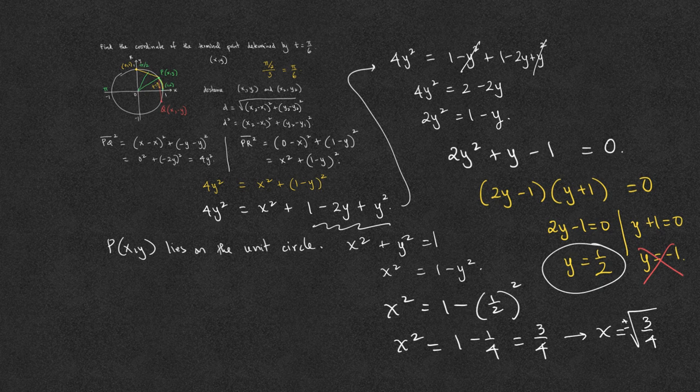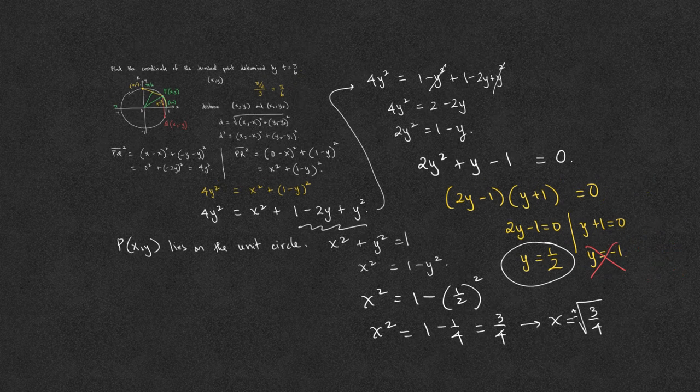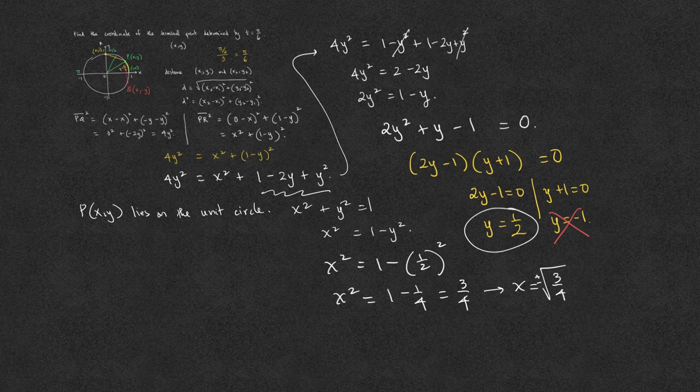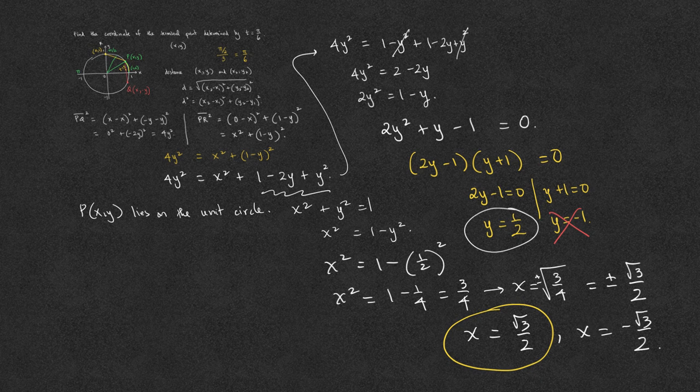We still need to keep writing plus or minus until we justify why we drop the negative or the positive sign. This is plus or minus root 3 over 2. There are two x values here. One is root 3 over 2, and the other one is negative root 3 over 2. Again, the terminal point is in the first quadrant, and so x has to be positive root 3 over 2.